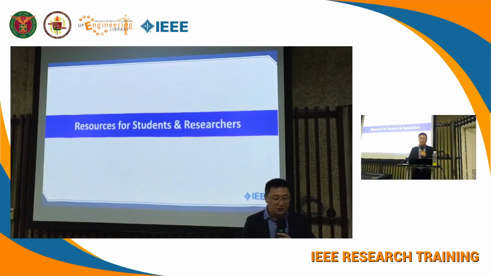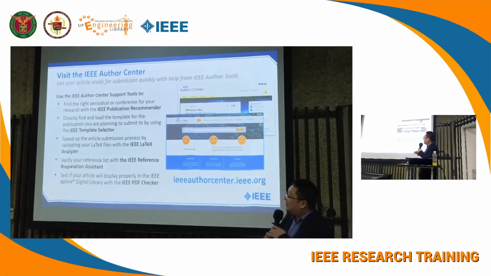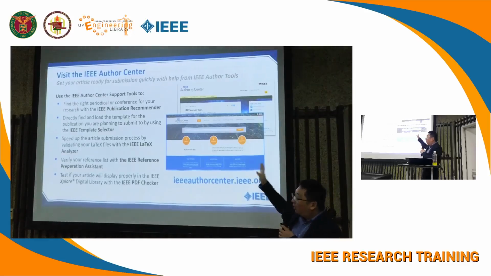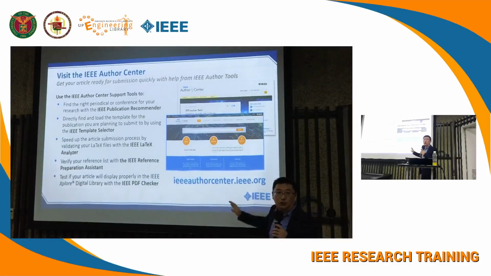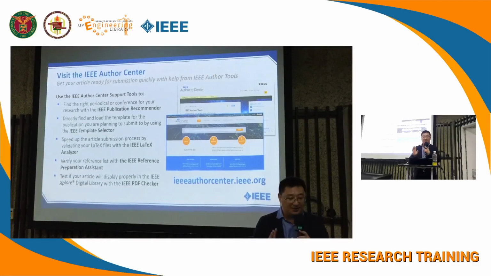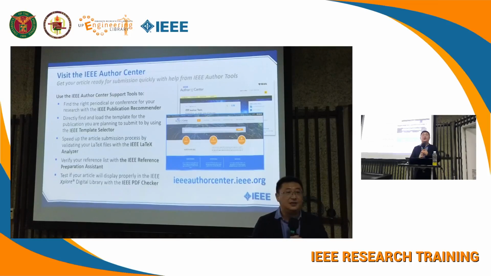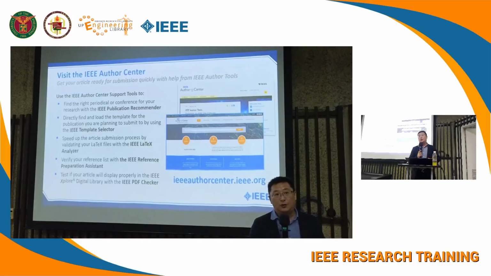Next, I will share with you some resources for students and researchers. I highly recommend everyone bookmark this page, which is the IEEE Author Center. The URL is here, but you don't need to remember it. You can just do a simple Google search for IEEE Author Center. It has everything you need, from the templates to the manuscript preparation guidelines, which I briefly showed you today.